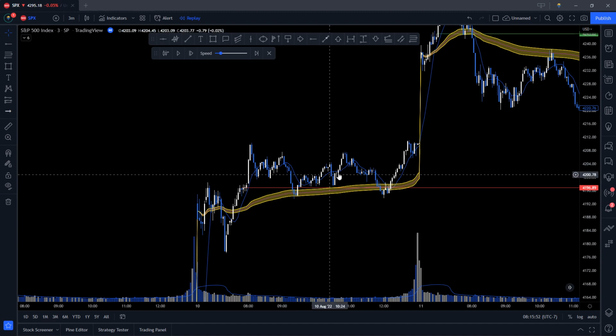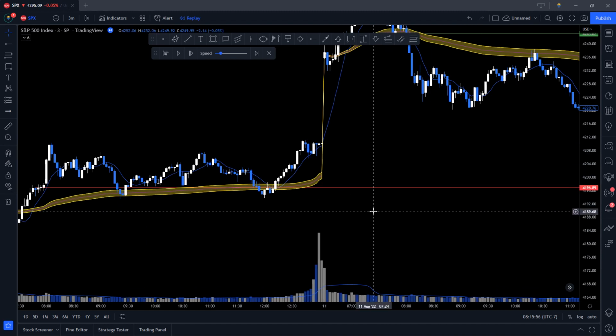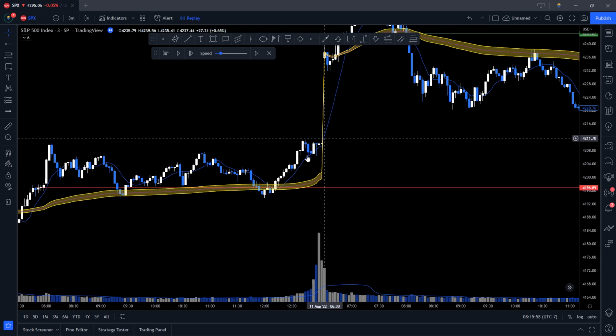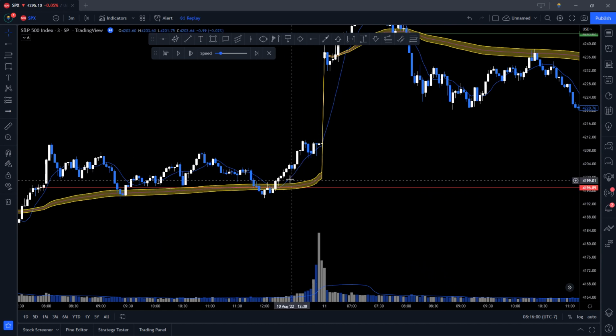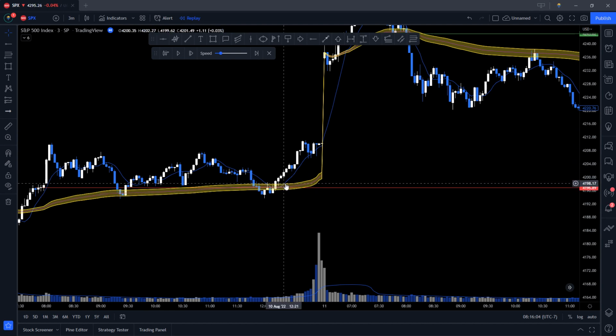And then we cross again here. This one's probably good for swing trades, like if you're using a higher time frame candle. But we cross here on this candle. Yeah, so our entry would be here.